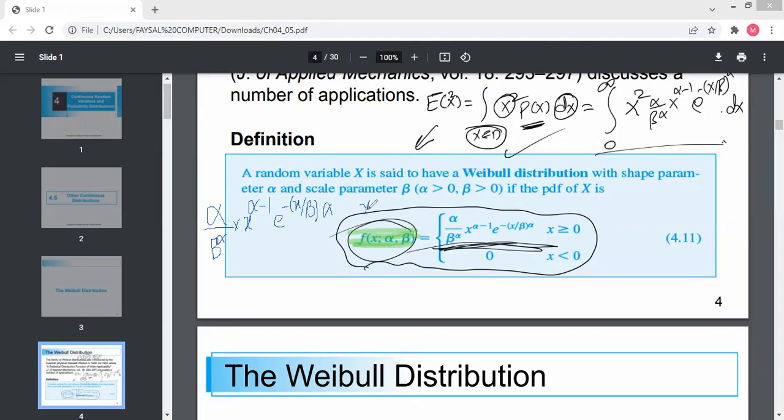For this, the domain is x greater than or equal to 0, and it is 0 otherwise, when my x value is less than 0. So these are my Weibull parameters.